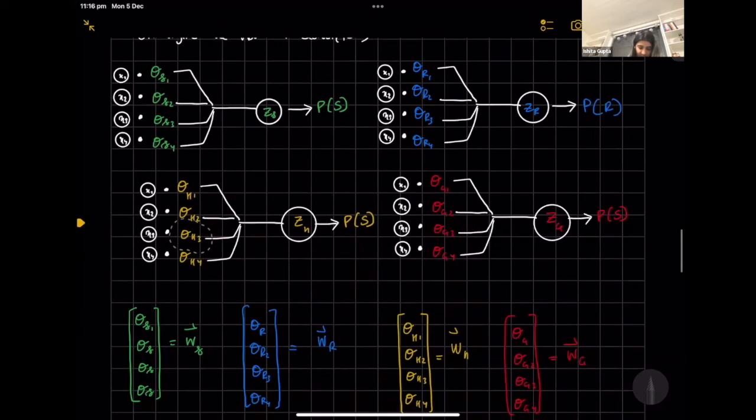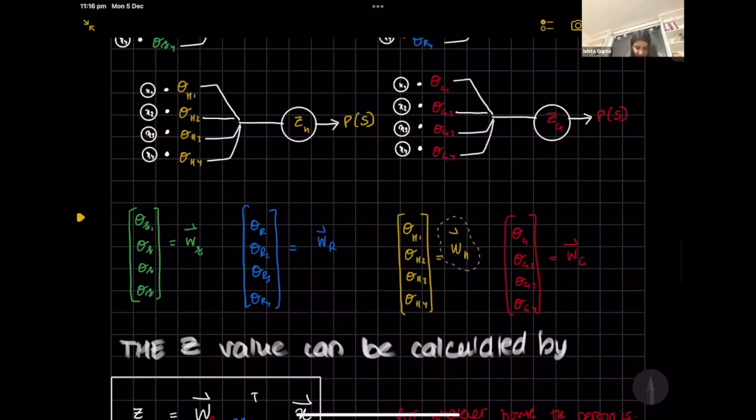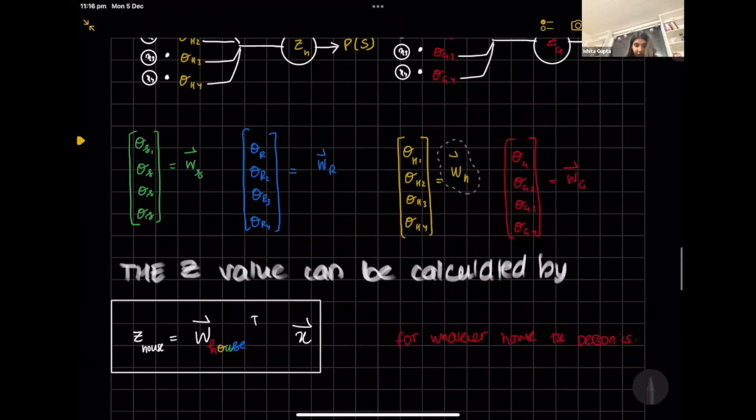And what we can note is that the different weights themselves can be classified in an array called weights of Slytherin or weights of Ravenclaw or weights of Hufflepuff. So yeah, that's just notation. So the Z value for each specific house can be calculated as the weight array of that house transposed times X, which is the vector of the people's values.